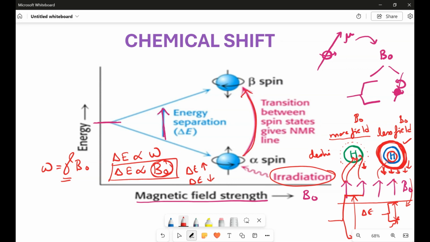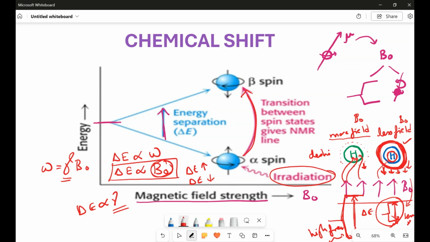The one with higher energy separation will require a higher radio frequency, because we know that delta E is proportional to the radio frequency which I am going to supply. So these de-shielded hydrogens will require more frequency for excitation because they have large separation. And the hydrogens which have less separation of energy levels will require less frequency.